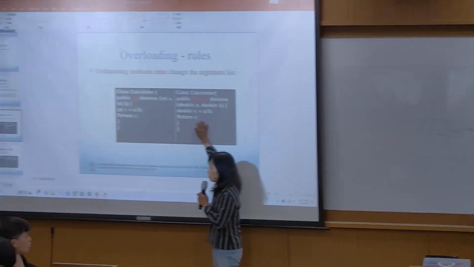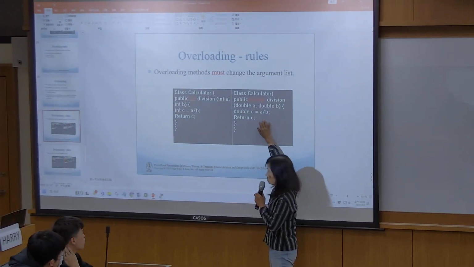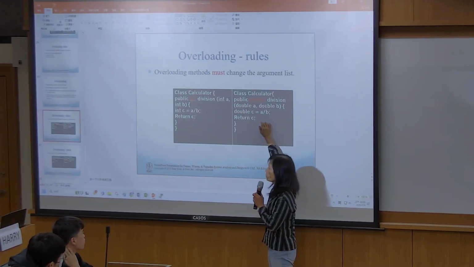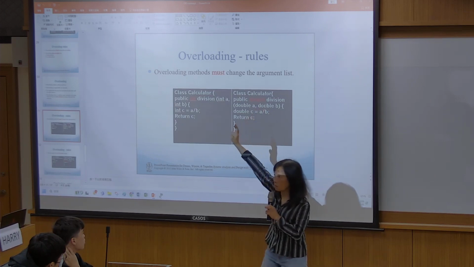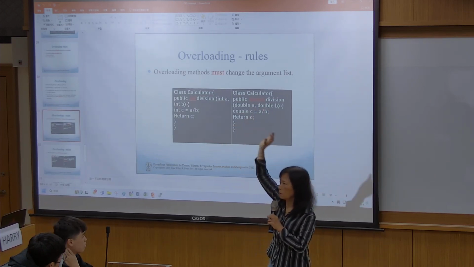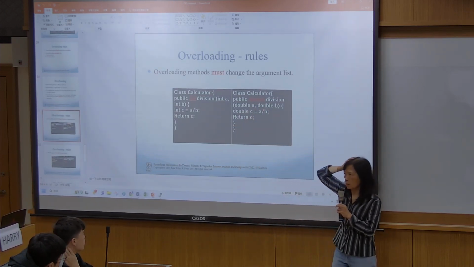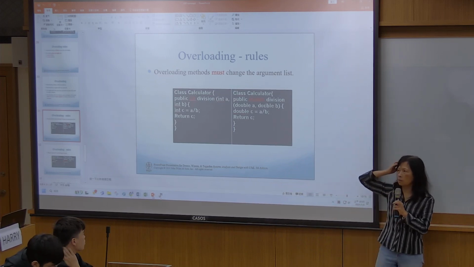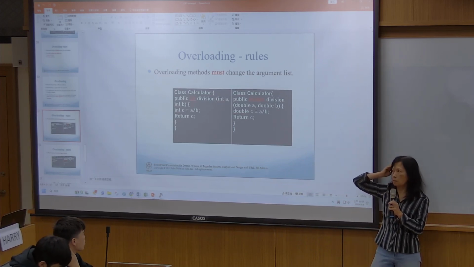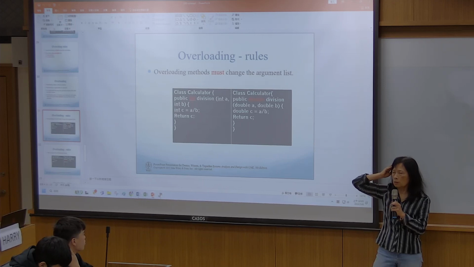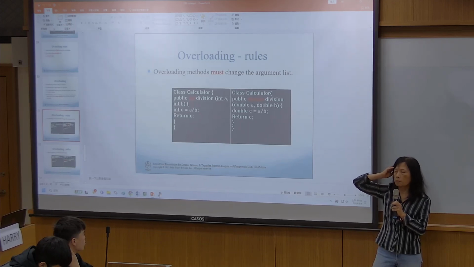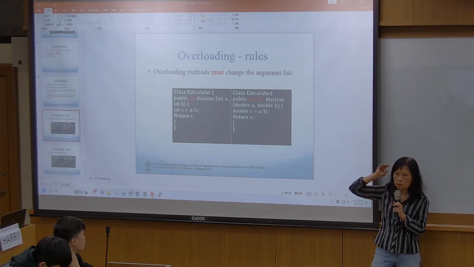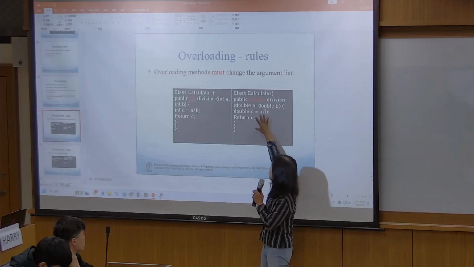Okay. Just return A divides B, because if you go to the double method of this, one of this is a double, so the compiler will automatically make the calculation a double, so it will return double. So just return A divides B. Yeah, good. So we can condense that.